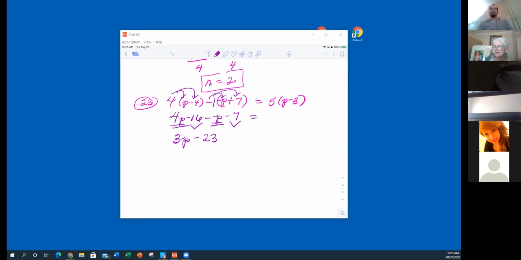Okay, so this side is totally simplified. Now I'm going to go to the other side, and I'm going to distribute the 5. And now both sides are completely simplified, right? So now what? We would subtract 5p from each side.